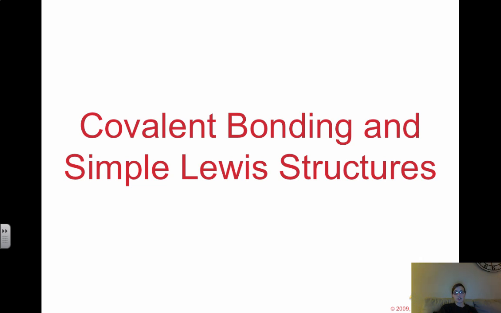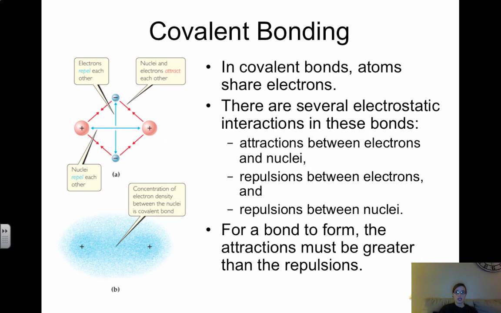Okay, now we're going to focus on covalent bonding and some simple Lewis structures. So in a covalent bond, the electrons are shared. Ionic bonding was all about transferring from the metal to the non-metal. Now we're focusing on sharing the electrons. There are several interactions within a covalent bond. We have the attraction between the electrons and the nuclei.